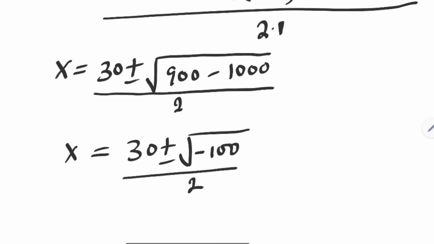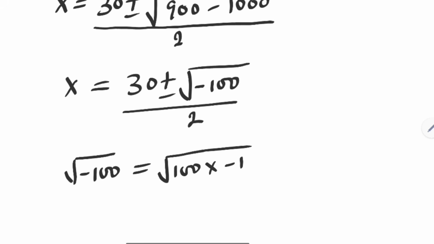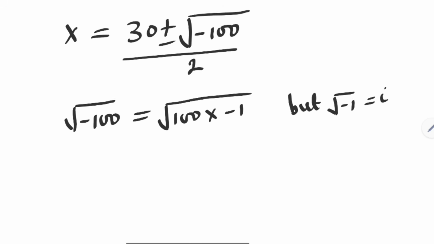divided by 2. Now, square root of minus 100 is equal to square root of 100 multiplied by minus 1. But square root of minus 1 is equal to i.